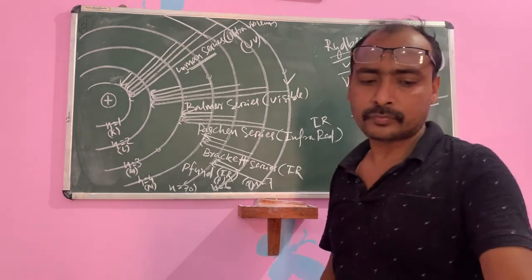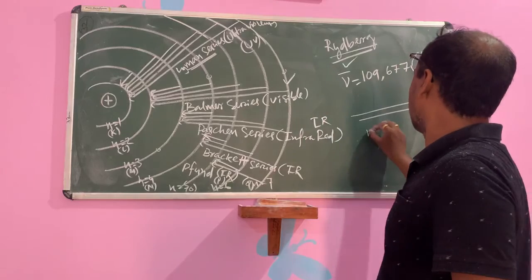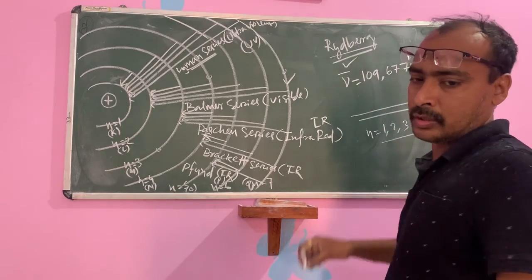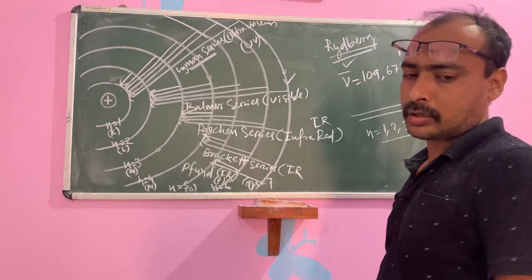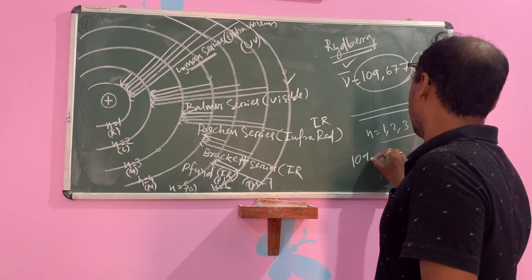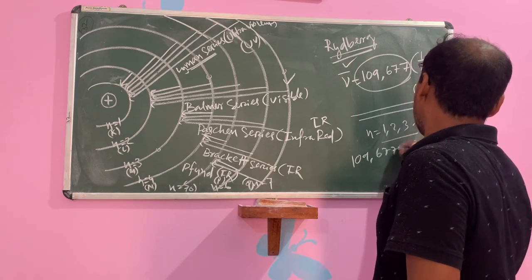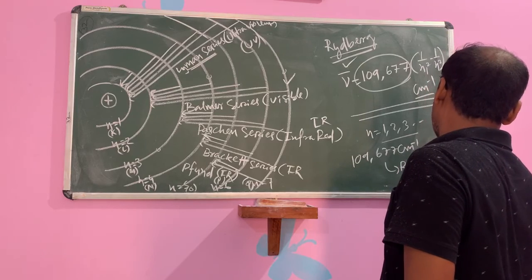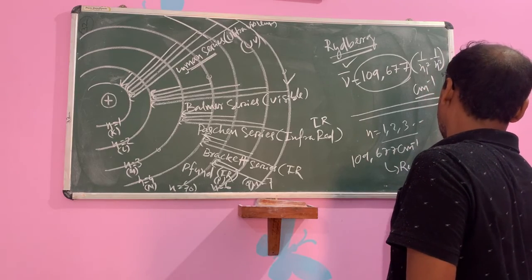Here n is 1, 2, 3 and so on. This is your Rydberg constant, 109,677 centimeter inverse.